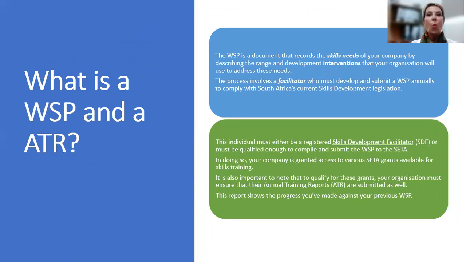You show what the planned interventions are that you want to implement within your organization. And then the ATR is the annual training report. That is the document, also in a very specific format, where you show what you have implemented against the previous year's workplace skills plan. So just understanding what those documents are.